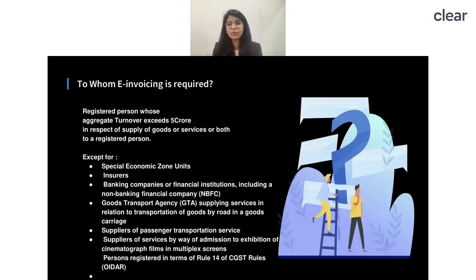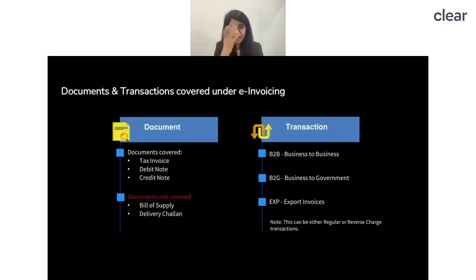Now the next important point which will obviously come to our mind is that finally I got it: my aggregate turnover has exceeded the limit and I'm not into these businesses. Now the question is, for what documents am I liable to generate the IRN? Is it all kinds of documents, or does the government say only some specific documents? For that, the government says yes.